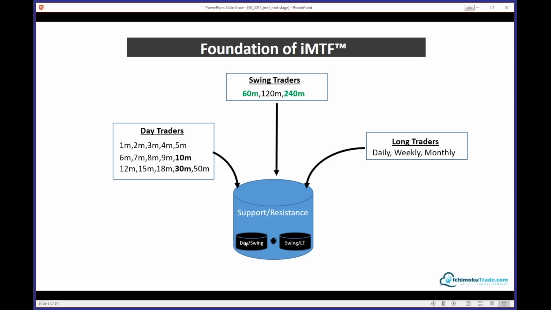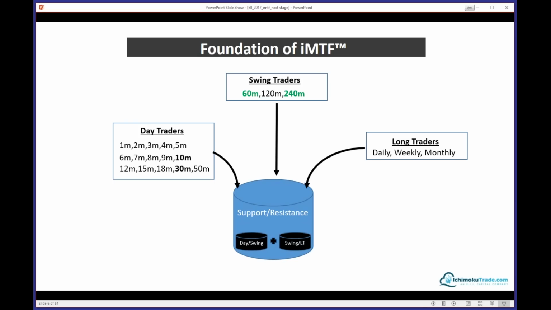The very first one is where we look to make sure all the day traders and swing traders have the same support resistance value. And the second type of bucket is basically where all the swing traders and the long-term traders have the same support resistance value. And the reason we took this approach is there are different types of traders out there. Some people are day trading, some people are swing trading, some people are long-term trading. And then within each category you have conservative traders and aggressive traders.